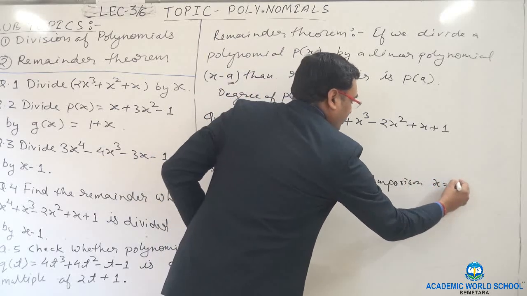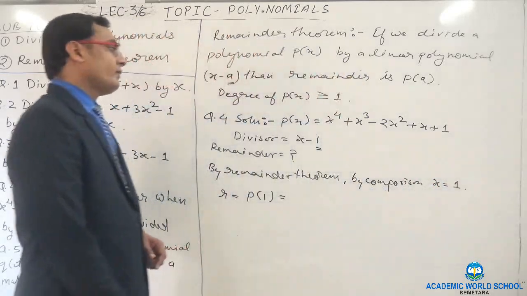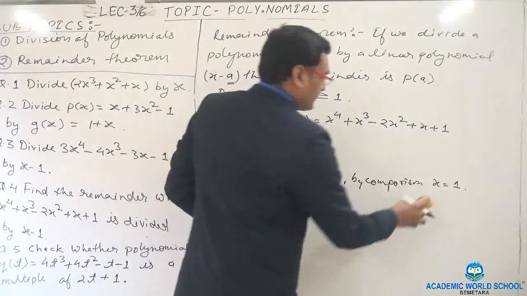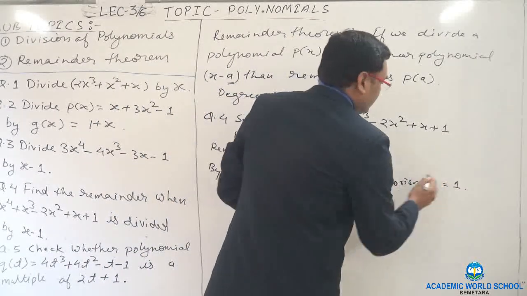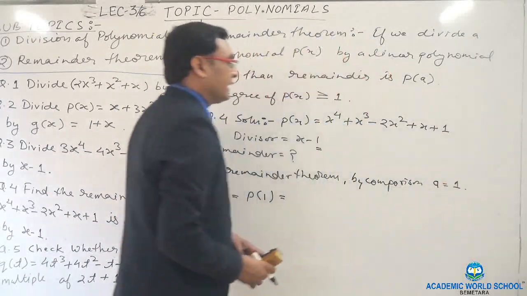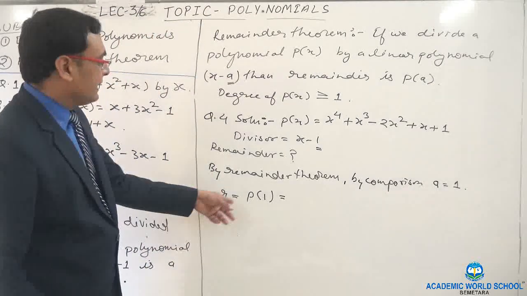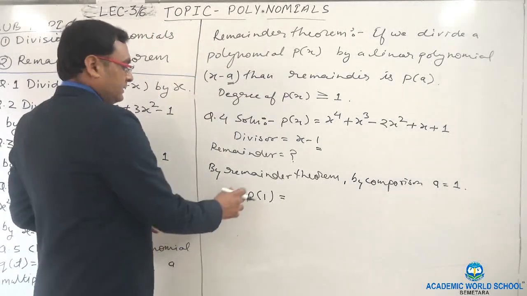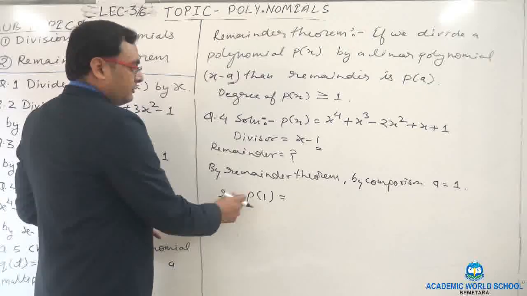By comparison a is equal to 1. So remainder r will be equal to p(1).